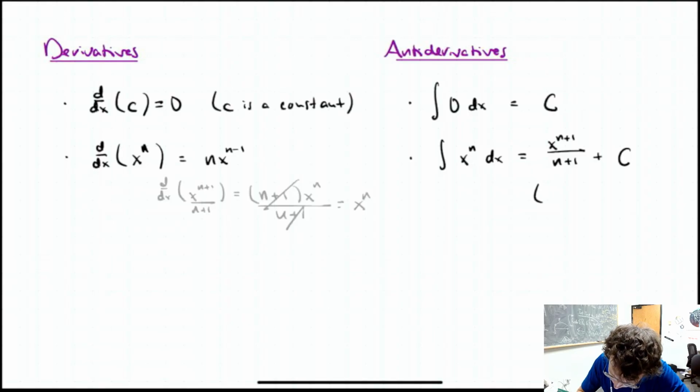Although I should point out, this is only true if n is not equal to -1. Of course, it can't be true when n is equal to -1, because that would tell you to divide by 0.